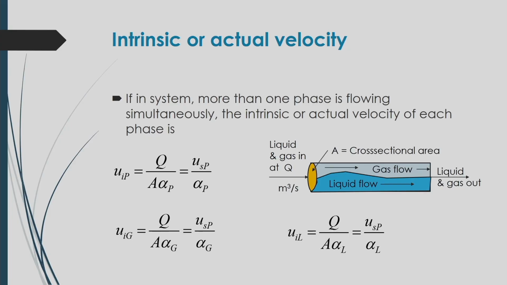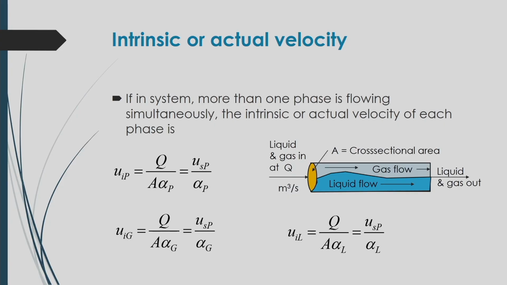Gas will occupy some portion of the cross sectional area and liquid also will occupy some fraction of that cross sectional area. So, in that case the velocity will change. If the area available is lower than the original cross sectional area, of course, the velocity will increase for the same volumetric flow rate.